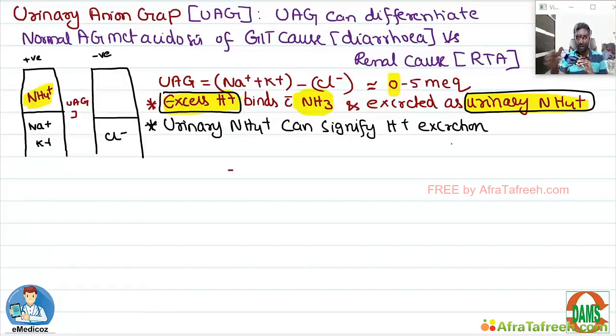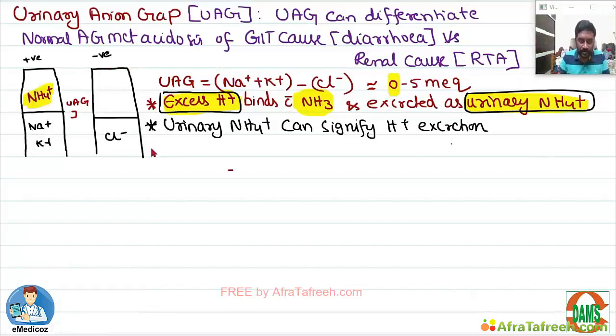Now if urinary NH4 is less, it means H plus and NH3 are not binding, so the amount of H plus excreted into the urine was less. So by seeing the urinary NH4 plus, one can know the amount of H plus excretion. If H plus was excreted more into the urine, urinary NH4 plus will increase. If H plus is not properly excreted into the urine, urinary NH4 plus will be less.